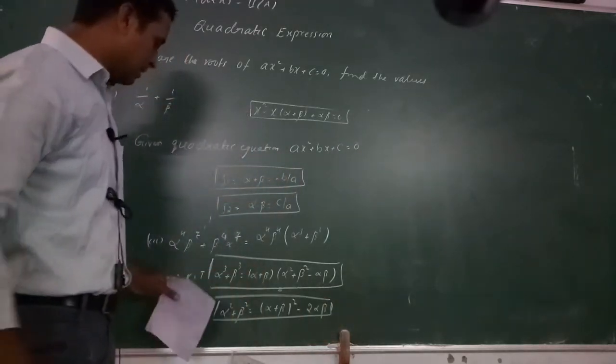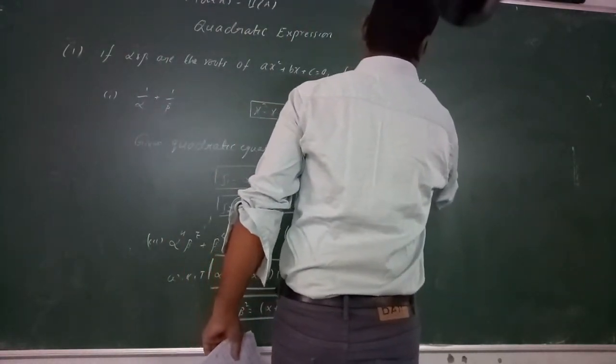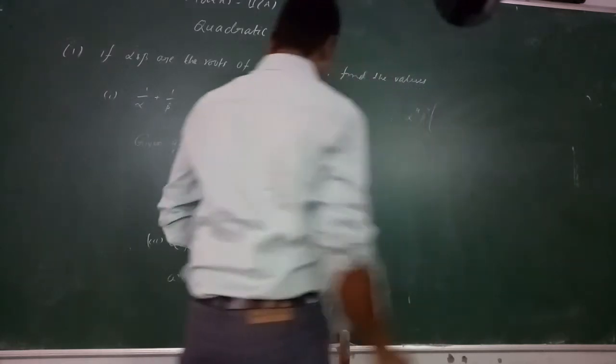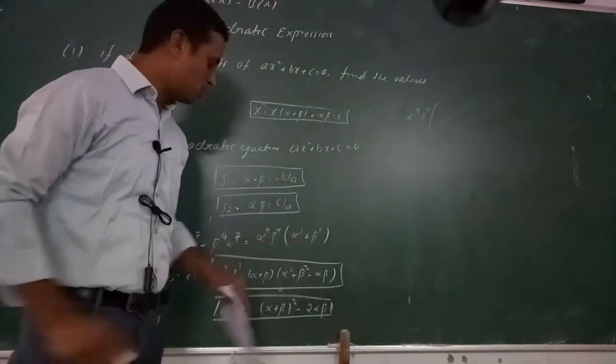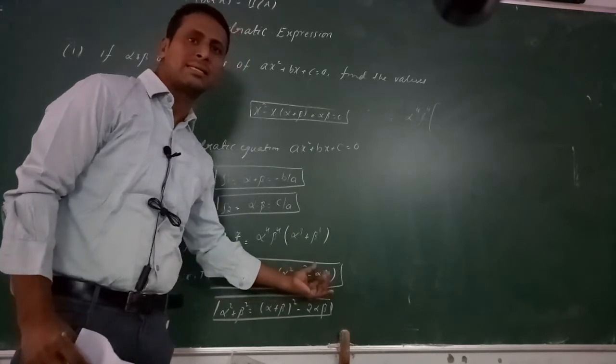Now how to write here? Now alpha power 4 beta power 4. Alpha cube plus beta cube here is the sum of the roots into alpha square plus beta square minus alpha beta.